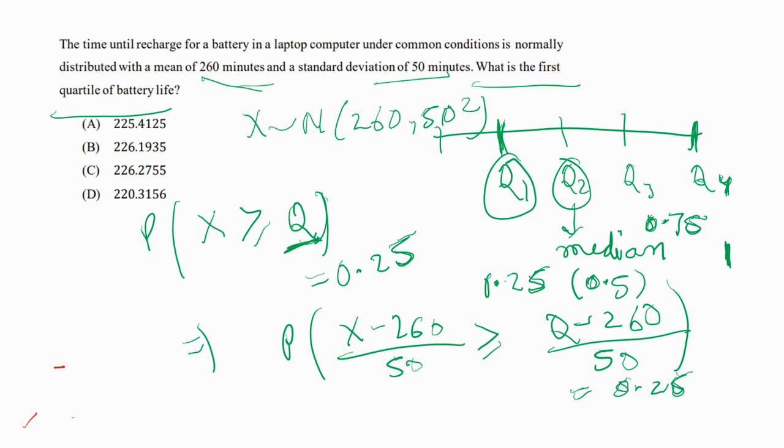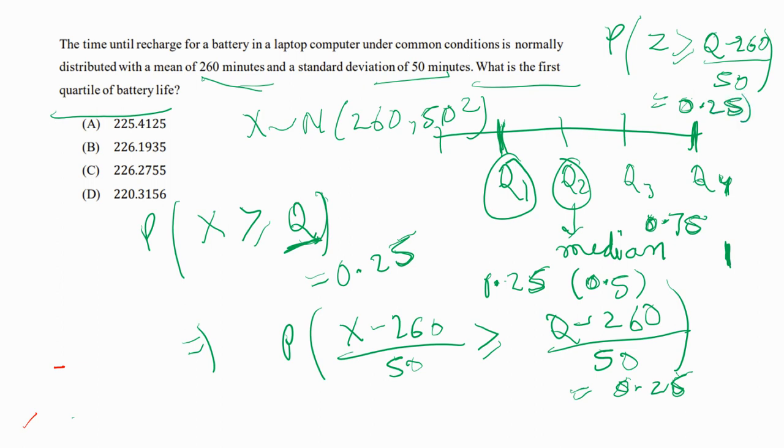So now this is just z. This is (q minus 260) by 50, which we want to find. So we have P of z greater than or equal to (q minus 260) by 50, and this is equal to 0.25.